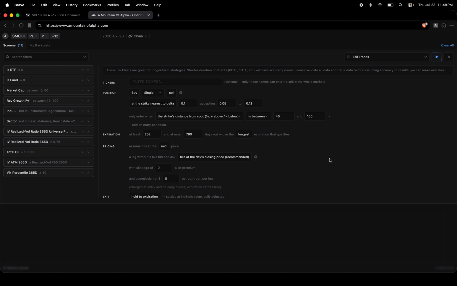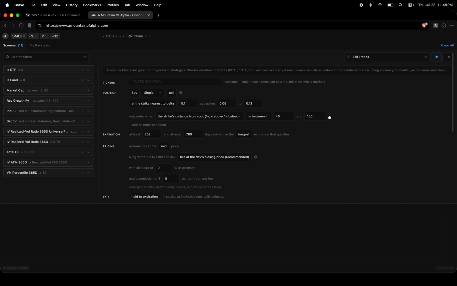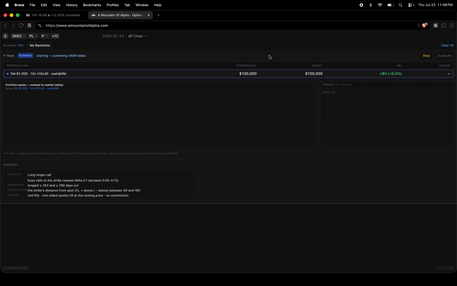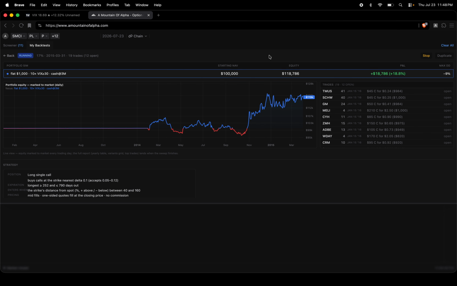And this is probably going to cause problems in COVID, which is probably fine. So you could do this, mark the equity curve daily. Now, this is going to be a lot slower, of course, because you're doing it daily, not monthly. But at least you'll get a semi-true number, which is not going to be entirely accurate because when you're dealing with wings, the quotes on those wings can vary dramatically.